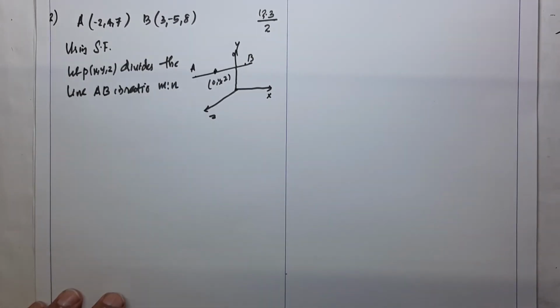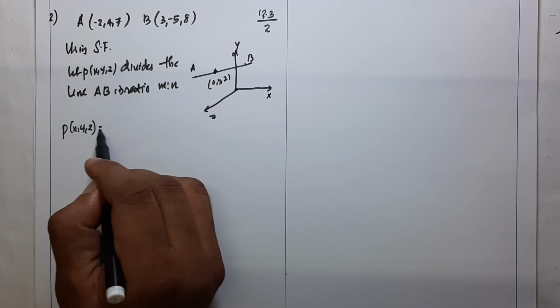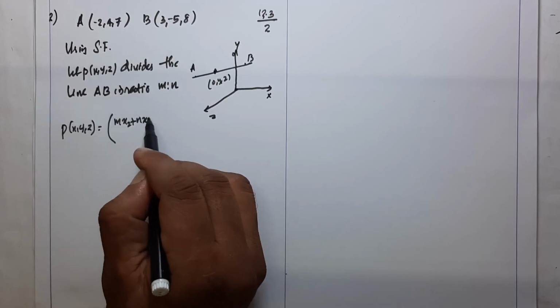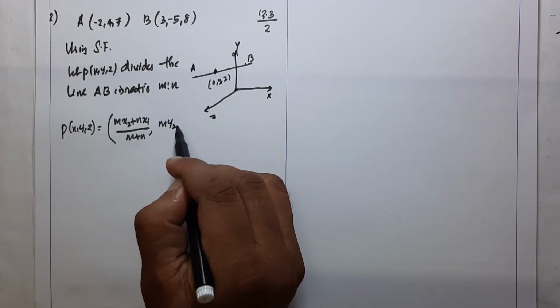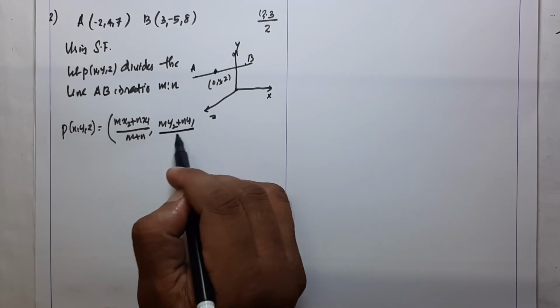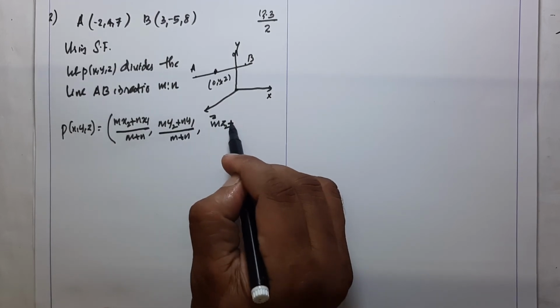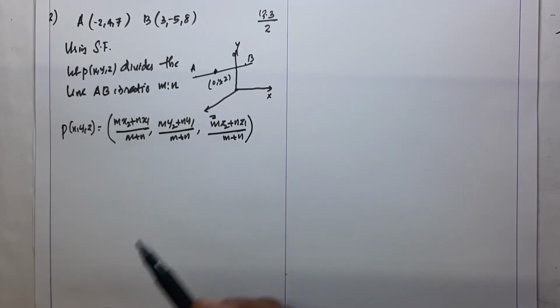Suppose you take P(x, y, z) dividing AB in the ratio m:n, and therefore P(x, y, z) is equal to, using the formula, (m x2 plus n x1) divided by (m plus n), (m y2 plus n y1) by (m plus n), and (m z2 plus n z1) divided by (m plus n), which is P.